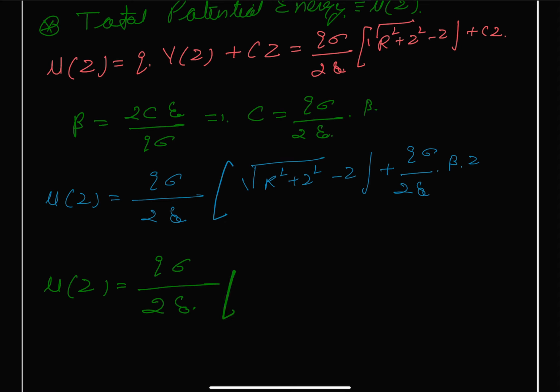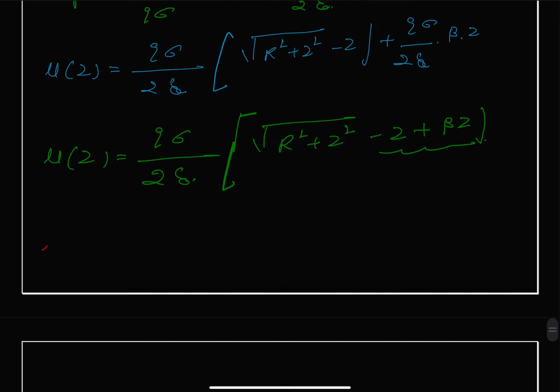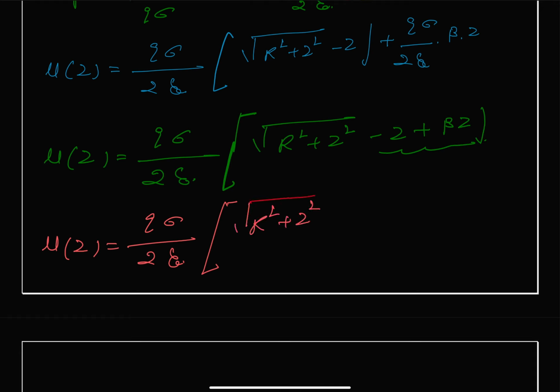We are left with the square root of R square plus Z square, minus Z, plus beta times Z. From here we can take Z as common, so U of z is equal to Q sigma upon 2 epsilon naught times the square root of R square plus Z square, plus beta minus 1 times Z. So this is our energy as a function of z.